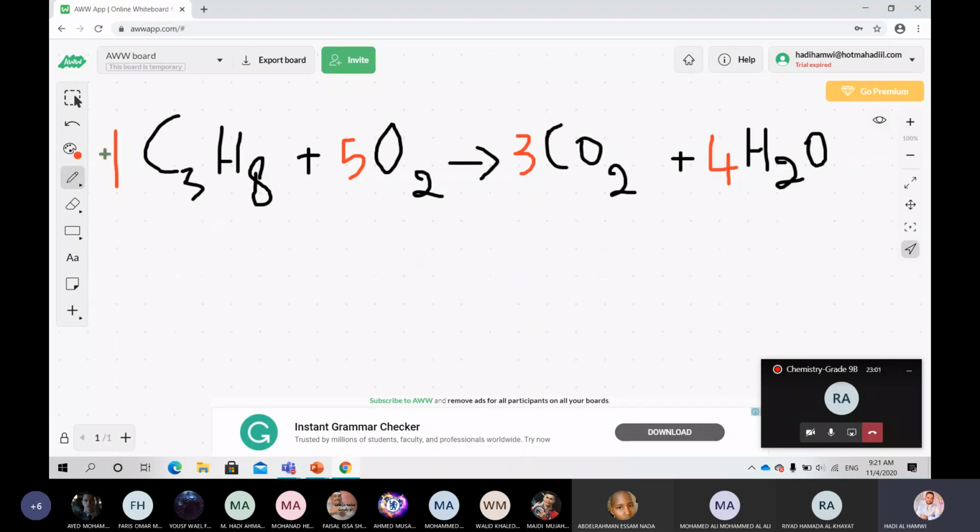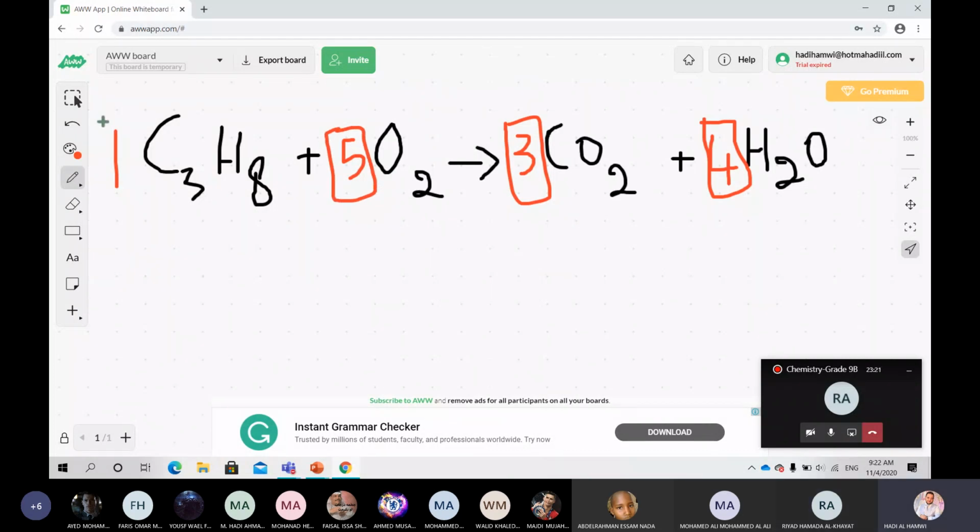Or I can say one representative particle, which is C3H8, with 5 molecules of oxygen, gives 3 molecules of carbon dioxide and 4 molecules of H2O. Depending on what? Here, on these numbers. What do we call these numbers? Coefficients.